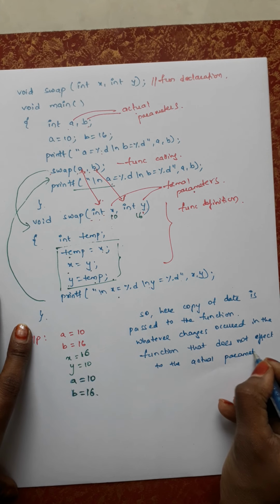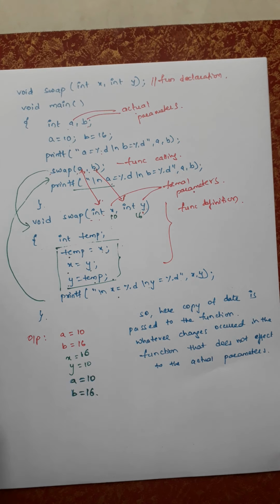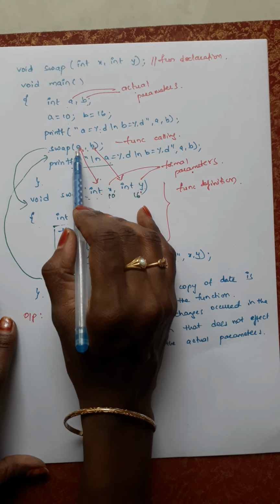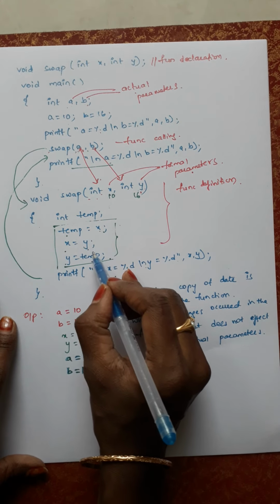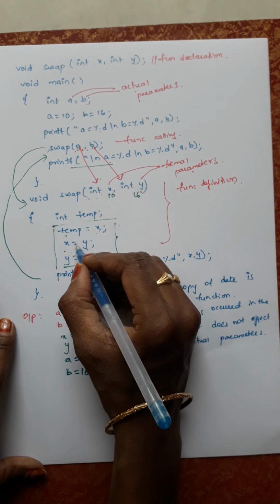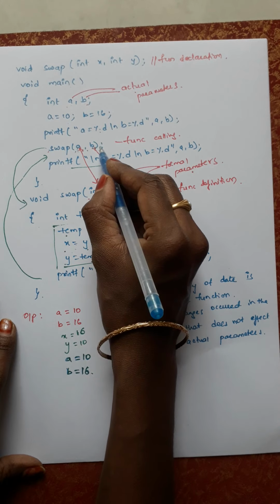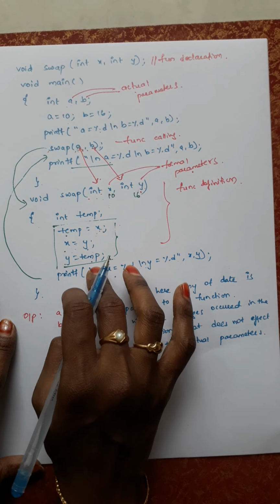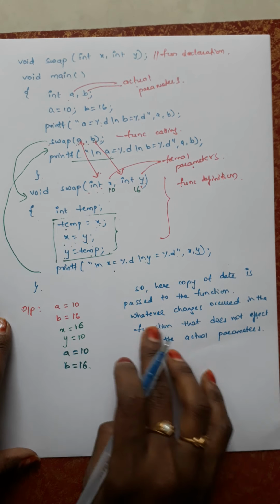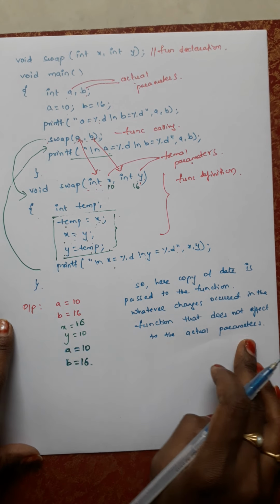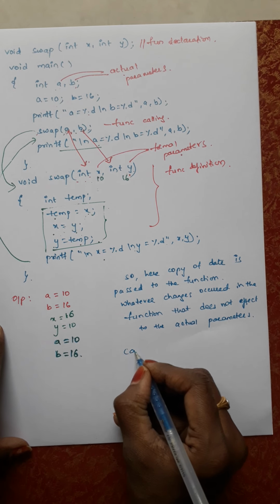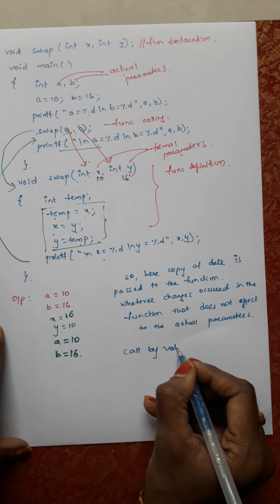A and B are the actual data, and X and Y are the copies of A and B. So the changes occurred in the function do not affect A and B. That is called call by value.